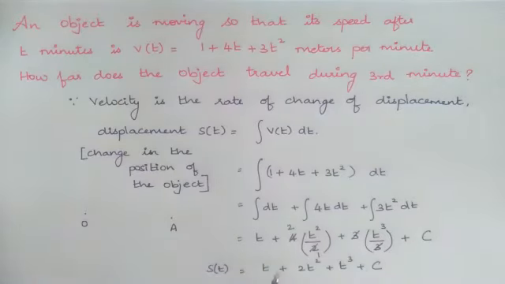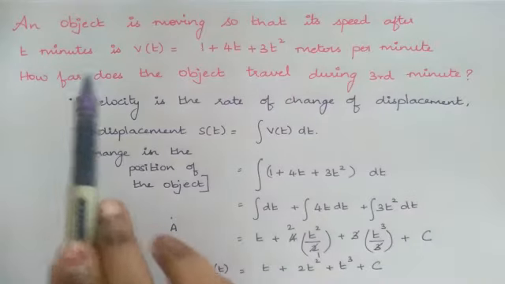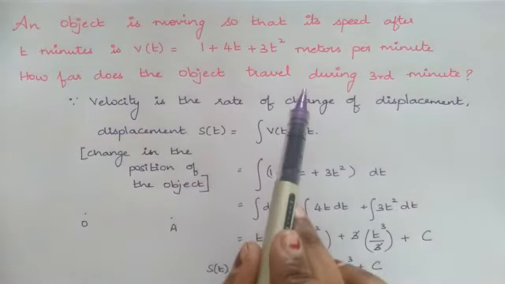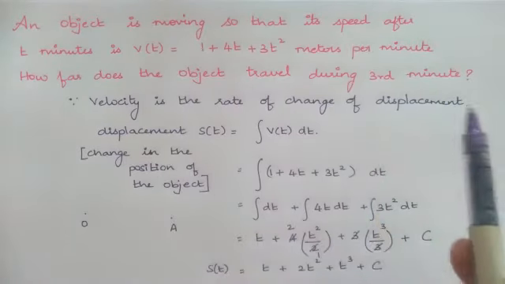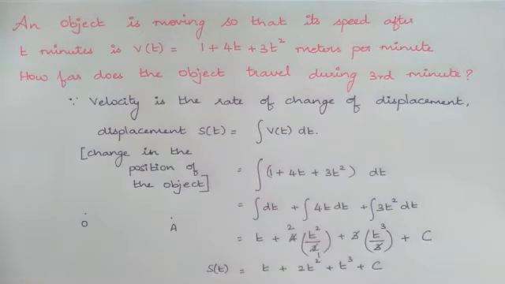Now we are going to identify how far the object travels during the third minute. That is, during the third minute, how much distance it is going to travel. So now let us identify till the third minute how much distance the object goes, then till the second minute how much distance the object goes.